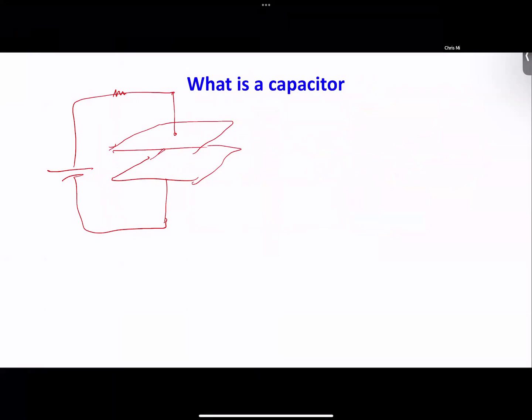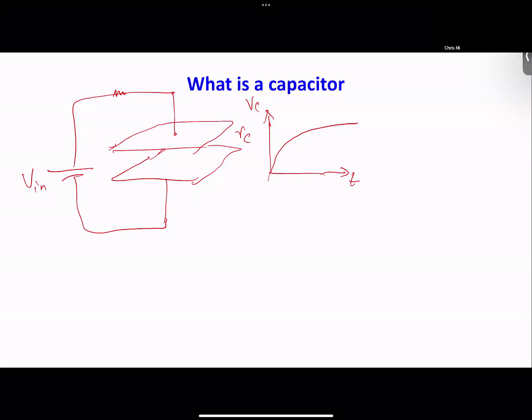So initially there's current, and if I apply DC voltage, it goes like this. Your voltage eventually goes there, and your current goes like this, eventually going to zero. So that's your current.